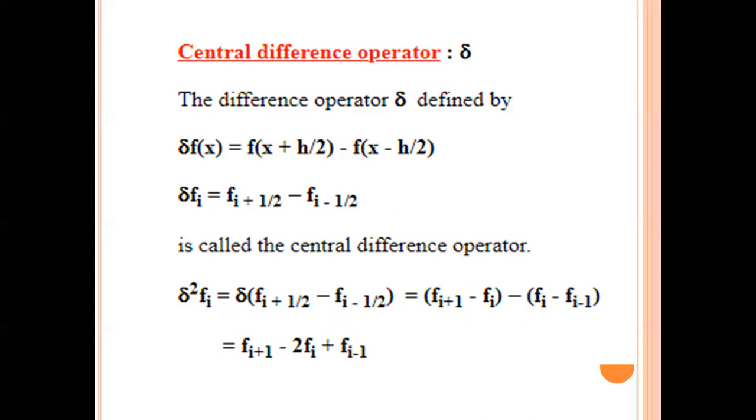Small delta of fi is equal to f i plus 1 by 2 minus f i minus 1 by 2, and is called the central difference operator, and small delta square fi is equal to delta of f i plus 1 by 2 minus f i minus 1 by 2, which is equal to fi plus 1 minus fi minus, fi minus fi minus 1. That is fi plus 1 minus 2 fi plus fi minus 1.